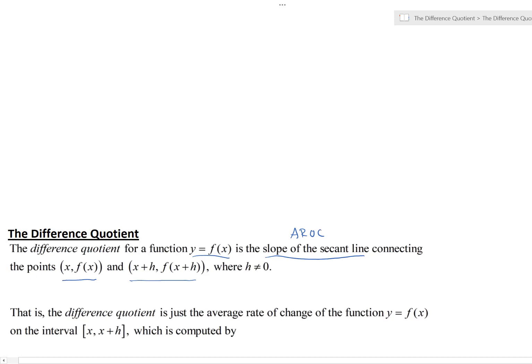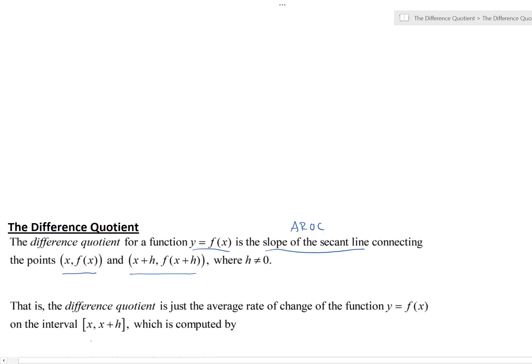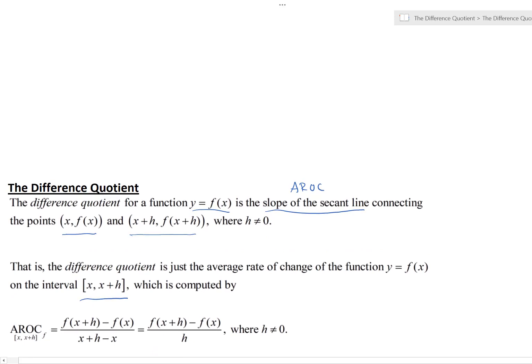It's really just saying what's the average rate of change of the function over the interval x to x plus h. It's kind of weird notation, but it works, and in fact it's very important notation once you relate this idea to calculus.